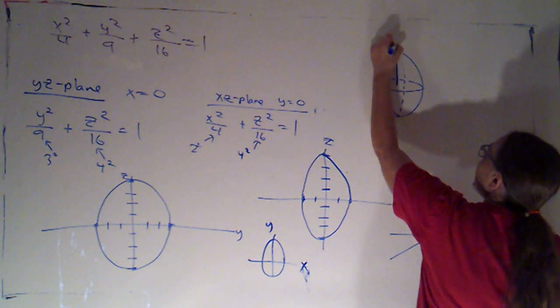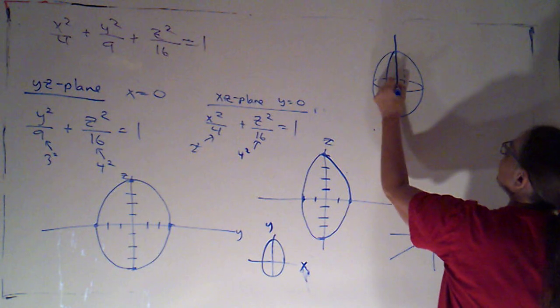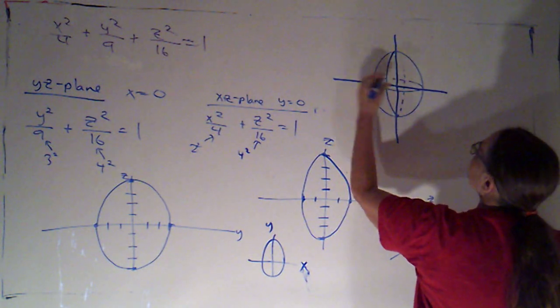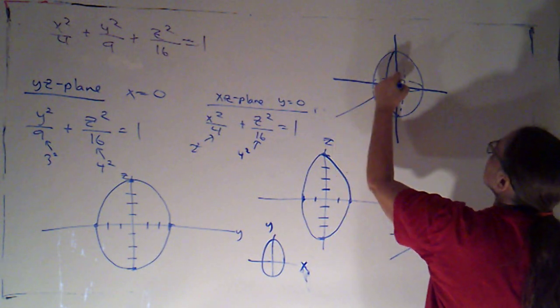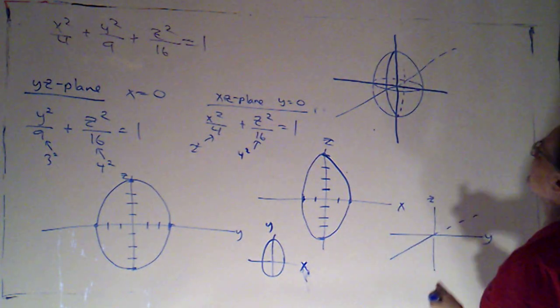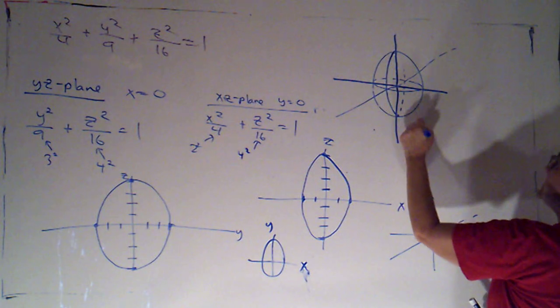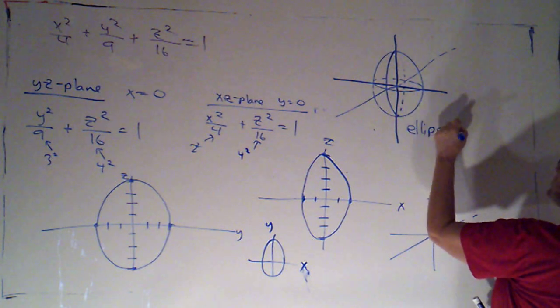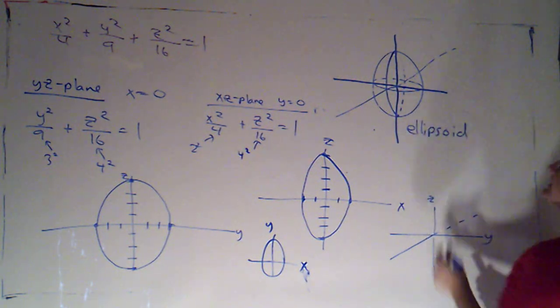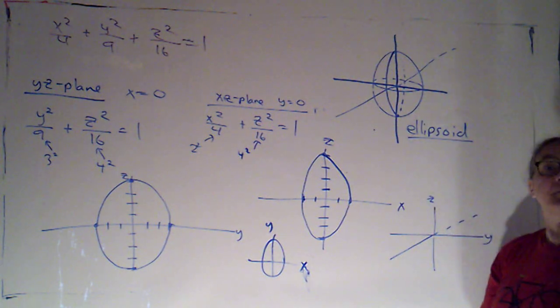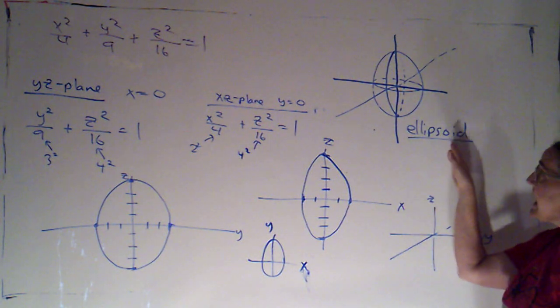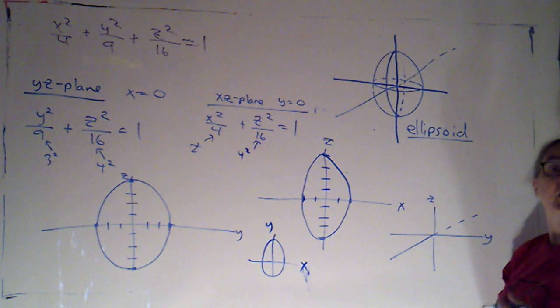Now I'm going to go ahead and draw in my axes. Okay. So there we've got our quadric surface, and this one, if all of the traces that we get are ellipses, it's called an ellipsoid. That would be the name of this particular quadric surface.